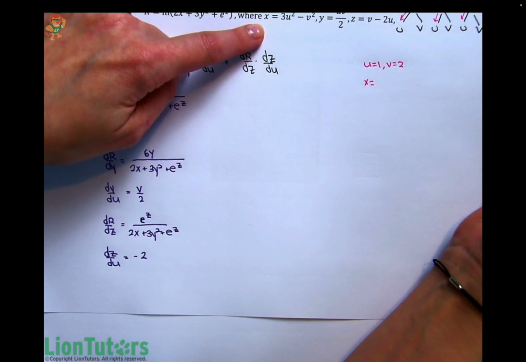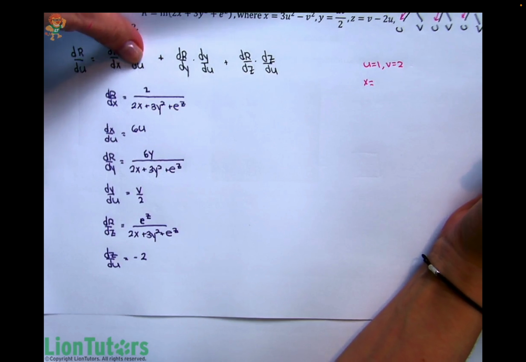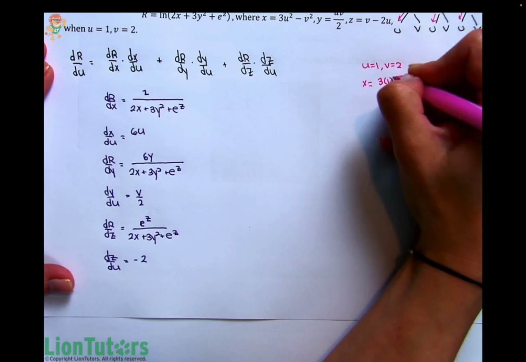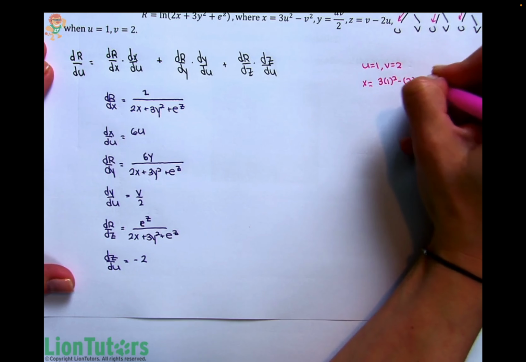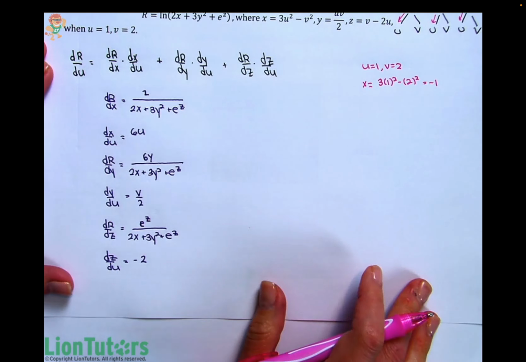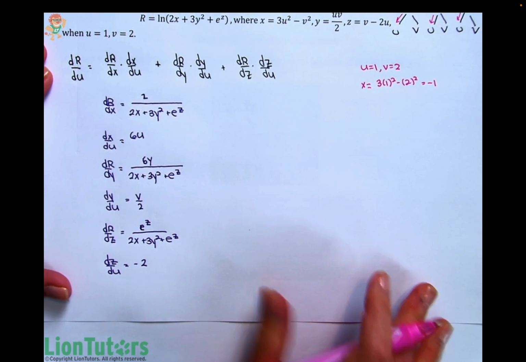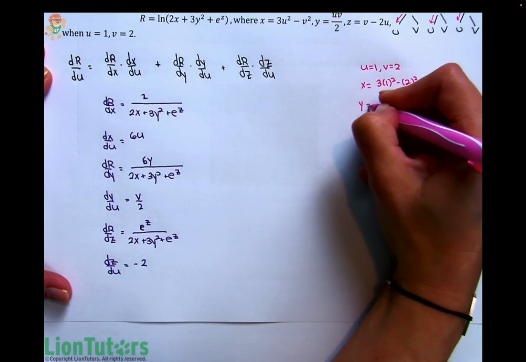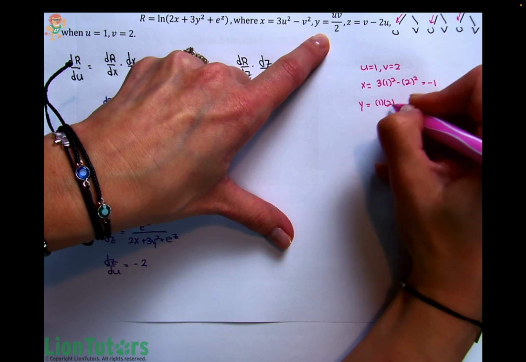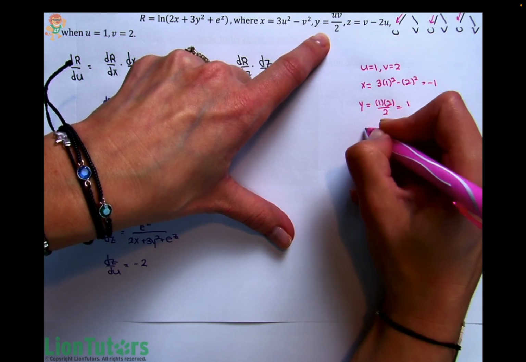When our u is 1 and our v is 2, our x is going to be 3 times 1 squared minus 2 squared. So that's going to be 3 minus 4, which is negative 1. Then our y is going to be u times v, so 1 times 2 divided by 2, which is positive 1.